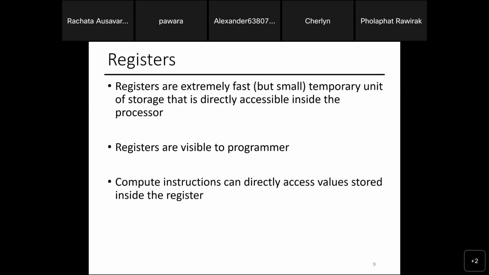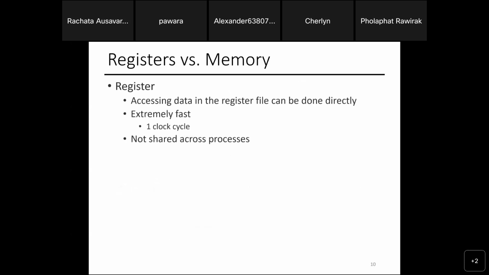Compute instructions can directly access these registers: add, subtract, multiply. A group of registers we call the register file. The CPU will have one register file, which is basically a bunch of registers inside, right? And if you compare this to the memory, registers are really fast.